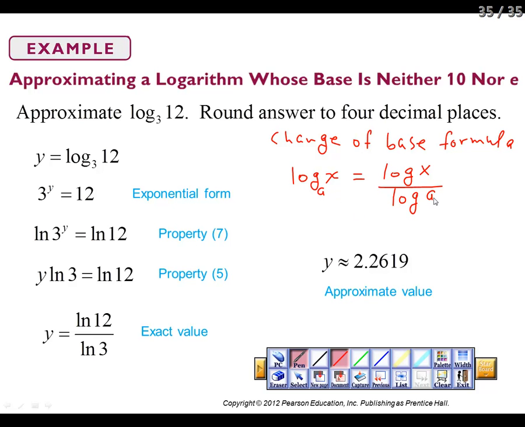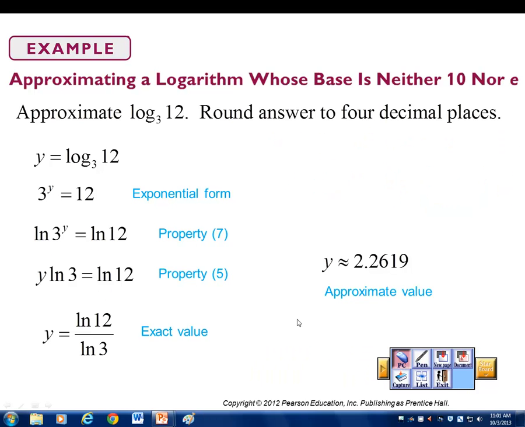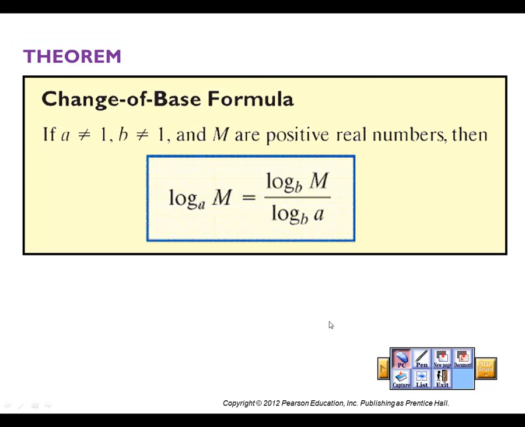So whatever your base is going to be goes in the log for your denominator. Or you could also use natural log x over natural log a. Either one. In this case, they use natural log, but you could have just as easily put log base 10 and log base 10 here, and you would get the same answer. Okay, and so that's the change of base formula.